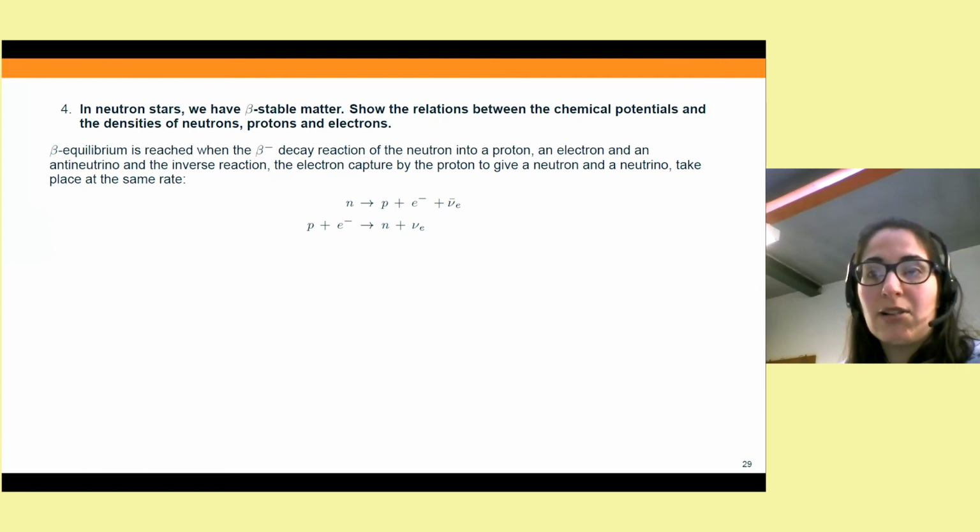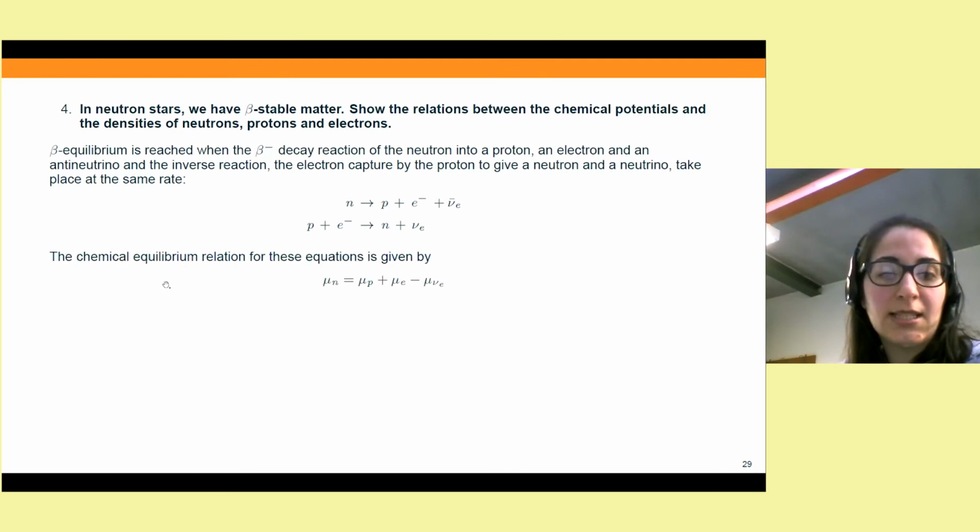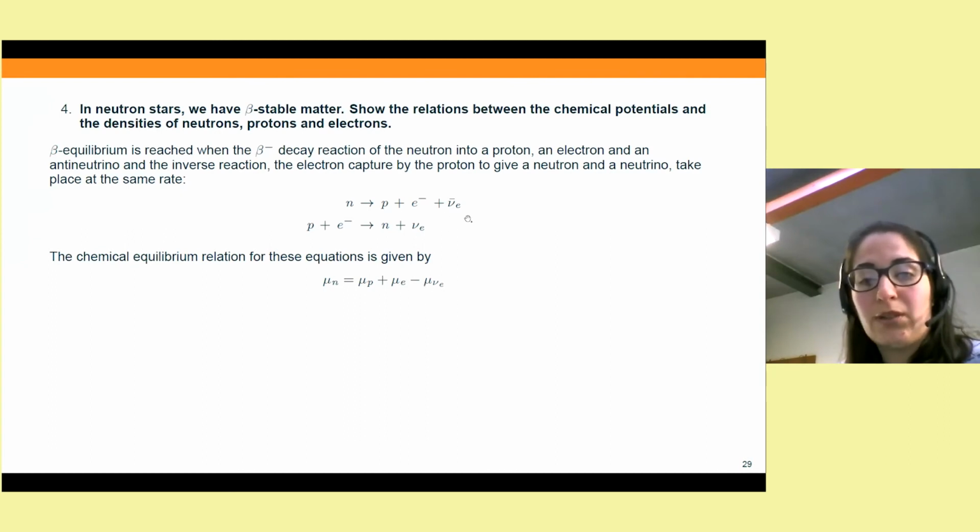So what is the relation that we can get from here for the chemical potentials? If we require equilibrium, this tells us that the chemical potentials for these species have to reach a relation between them. So the neutron chemical potential has to be equal to the proton chemical potential plus the electron chemical potential minus the neutrino chemical potential, because we have an antineutrino. Okay.